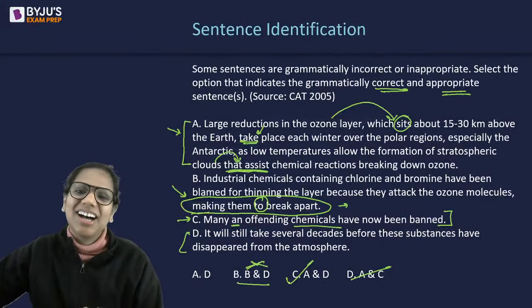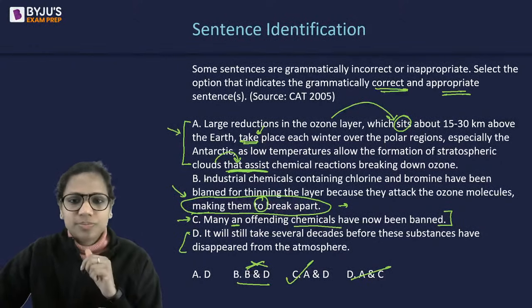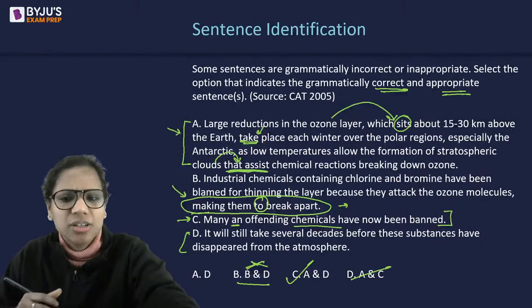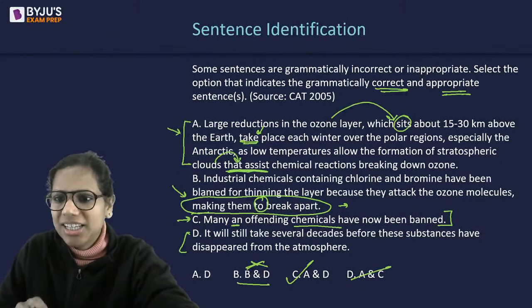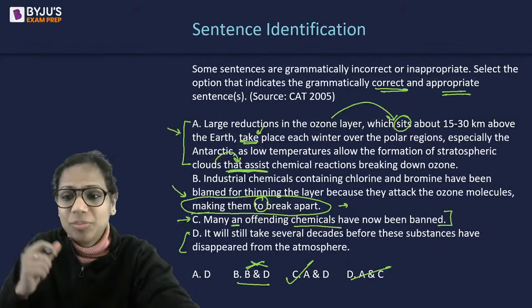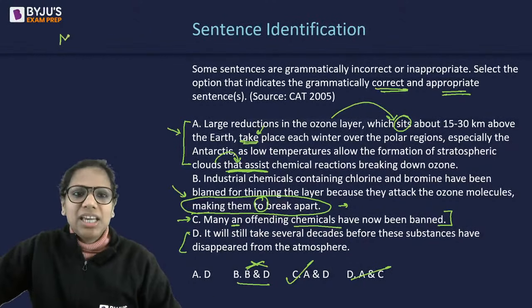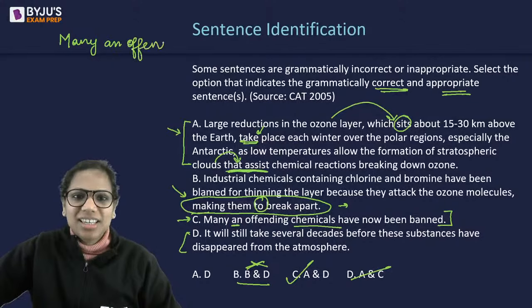A and D are the correct sentences here. Okay, now what was the error in C? What kind of an error is it? Right? All right. Many an offending chemical. Absolutely correct, Amrit. Right? So, many an offending chemical.